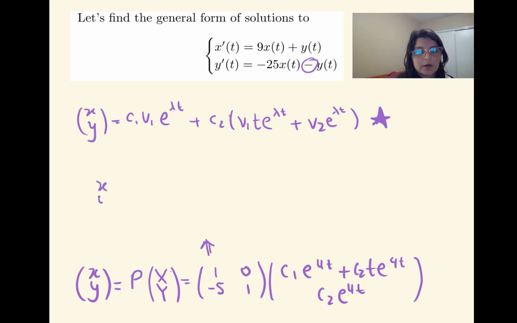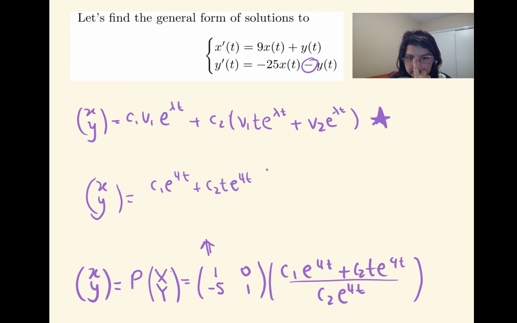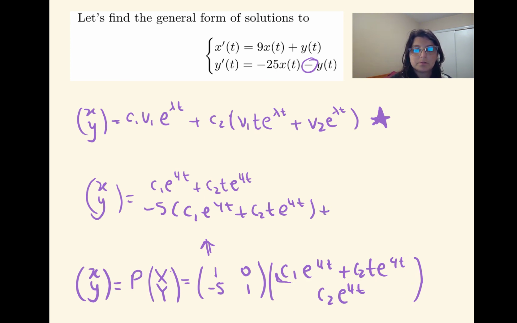We have x, y equals 1 times the first component, so that's exactly c1 e to the 4t plus c2 t e to the 4t. And for the second component we have minus 5 times that same thing, c1 e to the 4t plus c2 t e to the 4t, and then we add 1 times c2 e to the 4t.